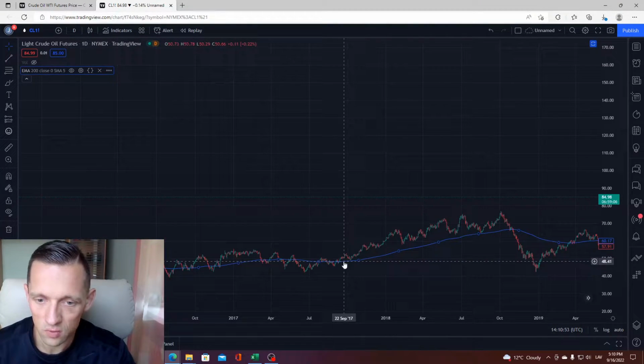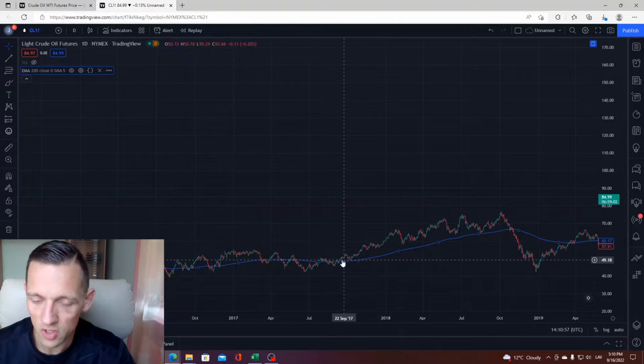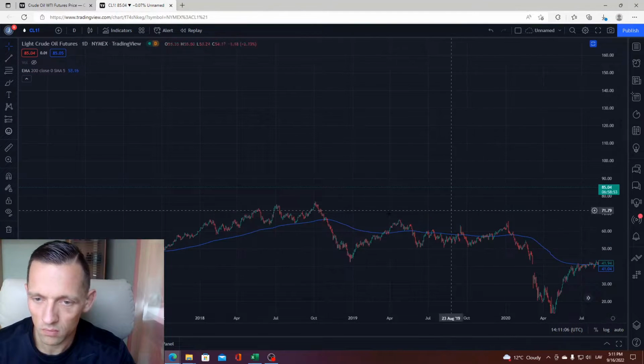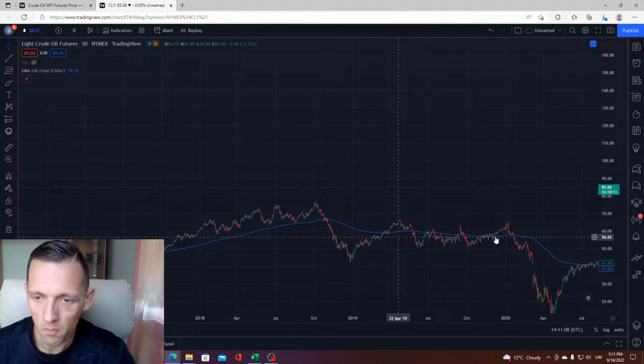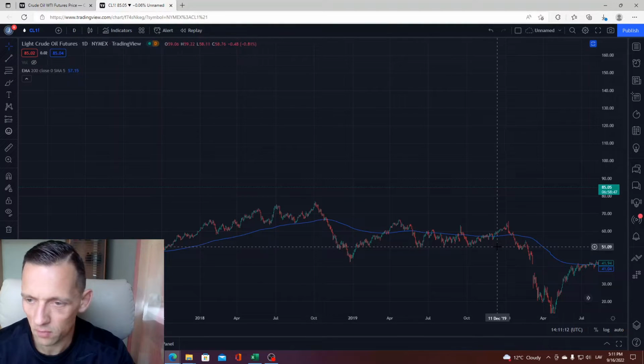And then there was a small bull market for about a year, from September 17 till October 18. Then there was a small bear market again, a bit narrower, within the range of 65 to 50, without any large profits.